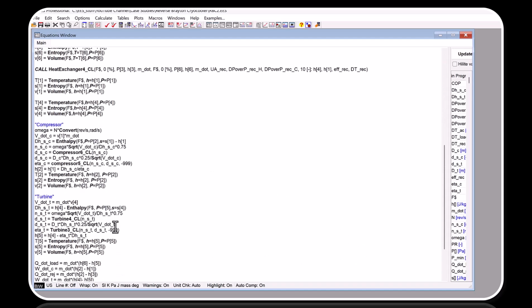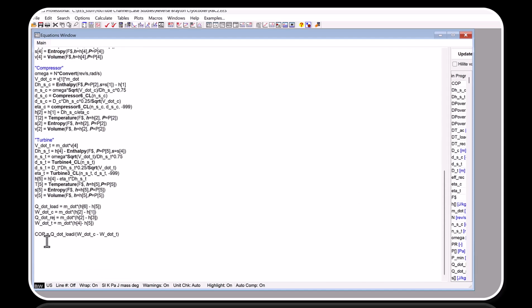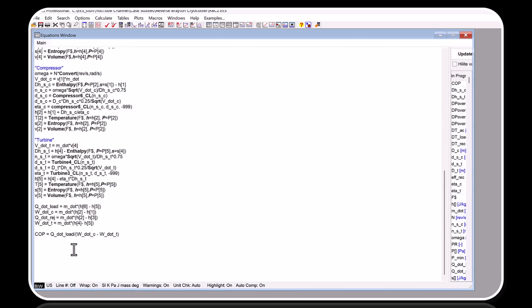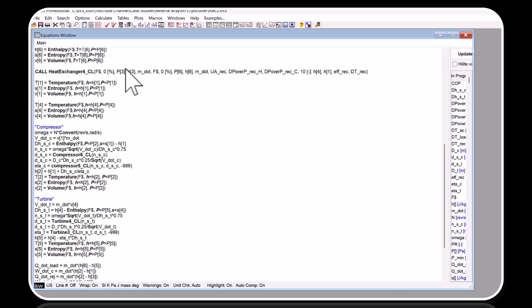Rather than use the optimization algorithms in EES, I'm just going to build a contour plot that shows the COP as a function of these two parameters, and then on top of that I'm going to put lines of constant compressor or turbine diameter, so that we can see how both those things affect it. Sometimes that's a nicer way of doing it when it's just two-dimensional.